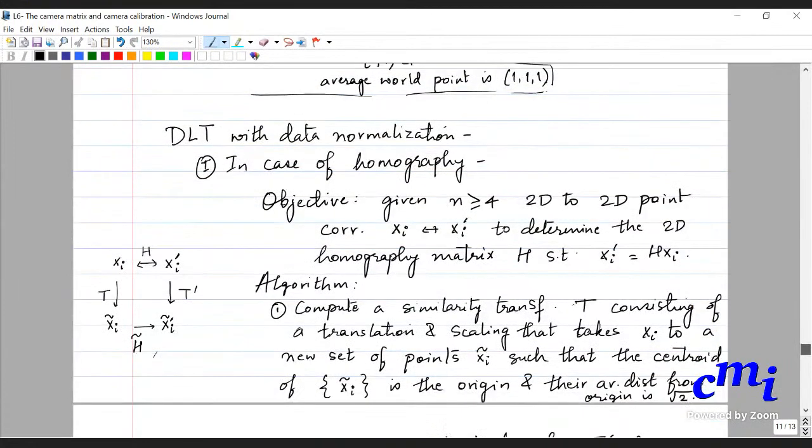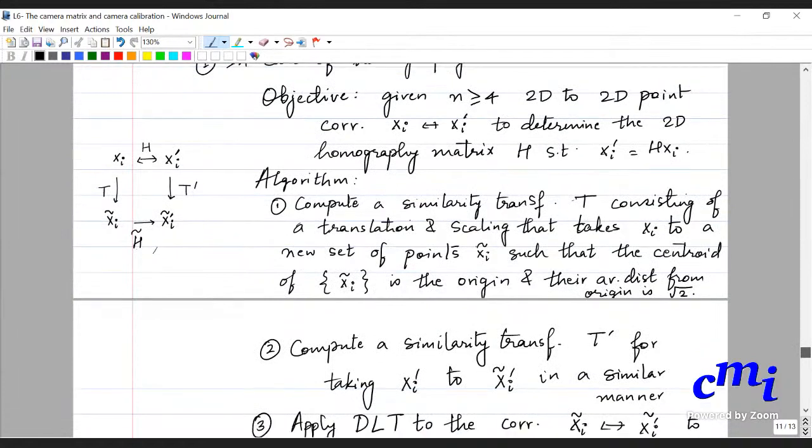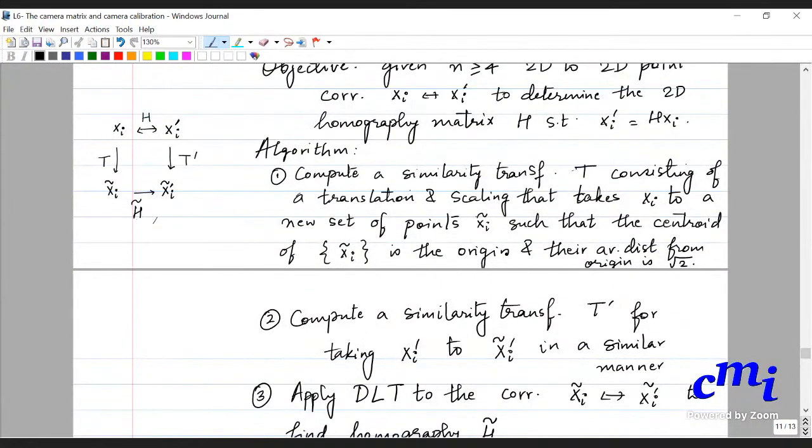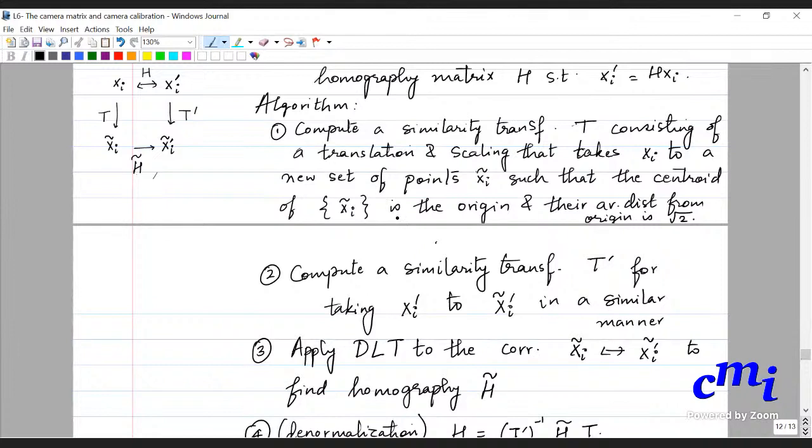If you want to put it in terms of equations, then the algorithm in case of a homography, the first step is to compute a similarity transformation T, which consists of a translation and scaling that I just described, that takes xi to a new set of points xi tilde, such that the centroid of xi tilde is the origin and their average distance from the origin is root 2.